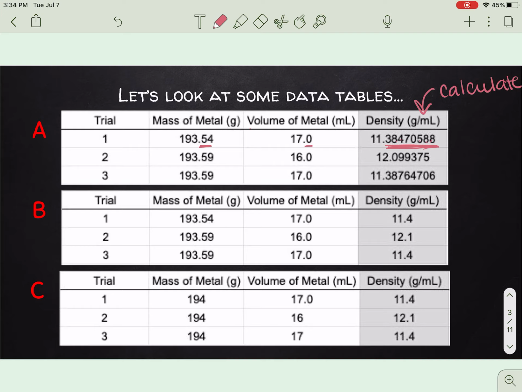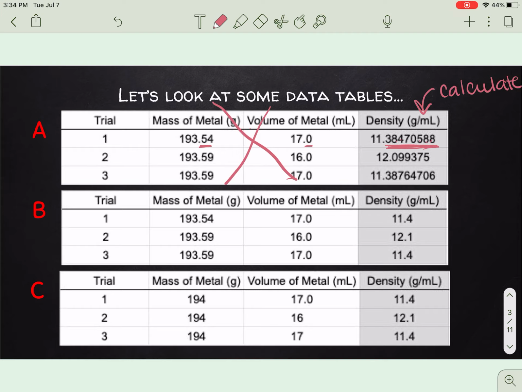So it's actually inaccurate to go out to 8 decimal places because we didn't measure to 8 decimal places. If we had measured both of these values to 8 decimal places, then you could report like that. But since we didn't, you shouldn't be reporting your data like that. So it is not example A.